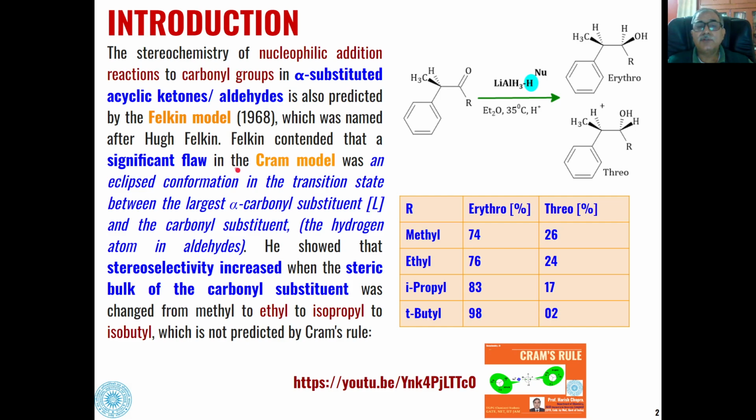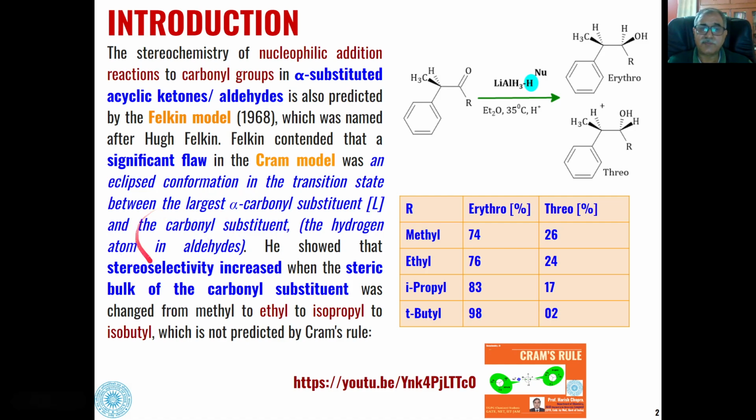The significant flaw in Cram's model was that the transition state leading to the formation of products was an eclipsed conformation between the alpha carbon's largest substituent and the carbonyl substituent.